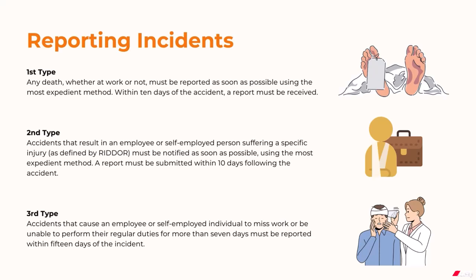A report must be submitted within 10 days following the accident. Third type. Accidents that cause an employee or self-employed individual to miss work or be unable to perform their regular duties for more than 7 days must be reported within 15 days of the incident.